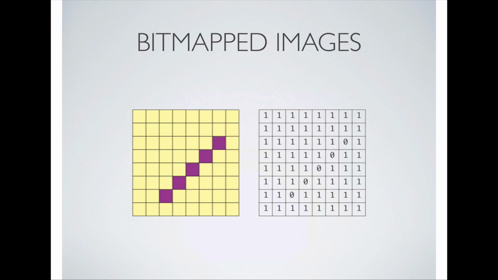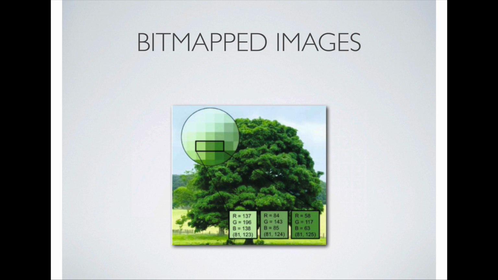So a bitmapped image looks like this. We have a grid, and at the most simple level we have simple on-off pixels, 0 and 1, and you can see there the values correspond to an image, and we've drawn a line out of bits there.